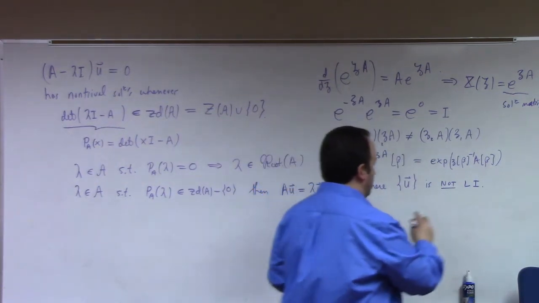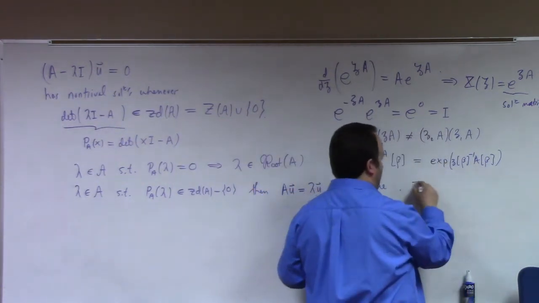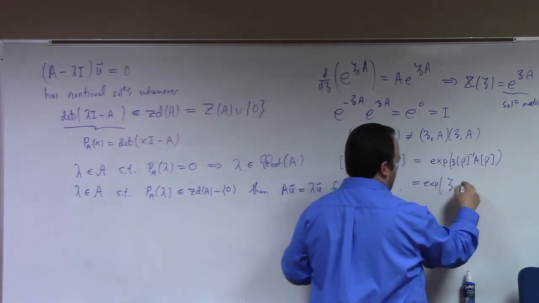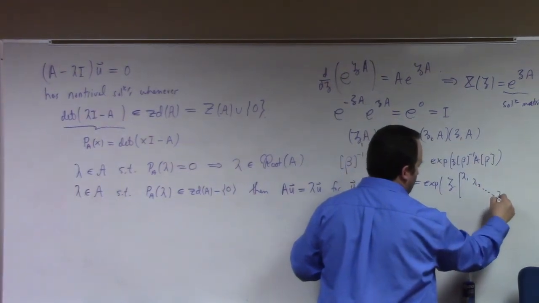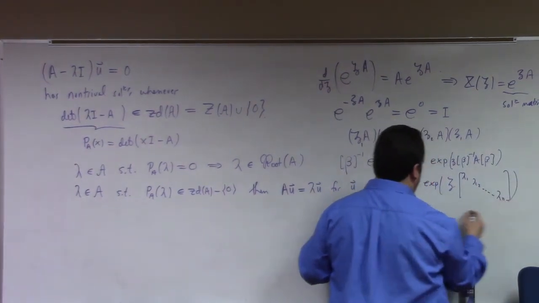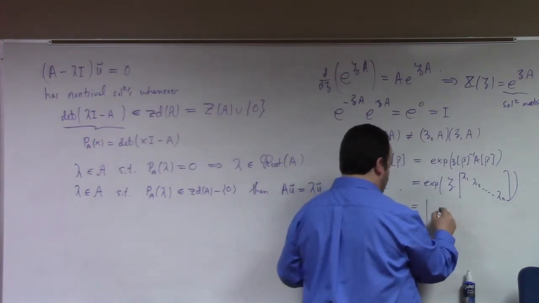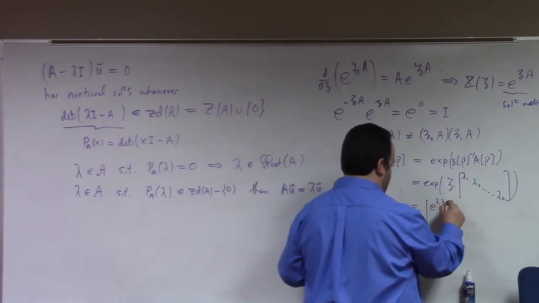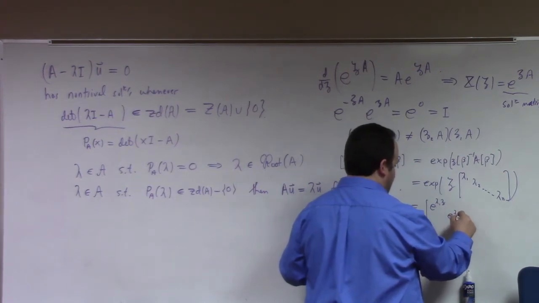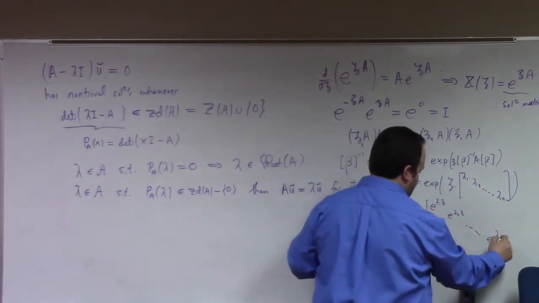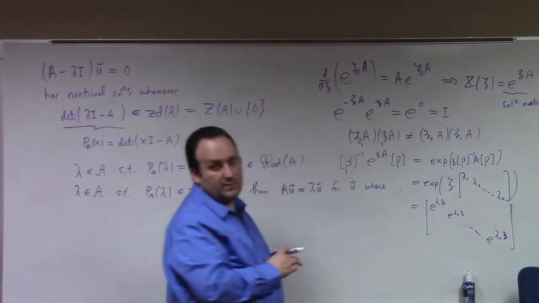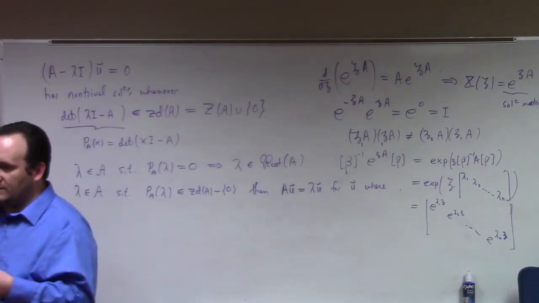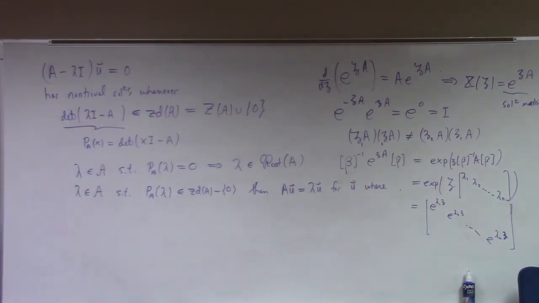And so that would be exponential of zeta, and then this, of course, is the diagonal matrix with the roots down the diagonal. And that would just be e to the lambda 1 zeta, e to the lambda 2 zeta, e to the lambda n zeta, which of course makes sense because in the eigen coordinates, I mean, anyway, that's what the matrix of the thing looks like in the eigen coordinate system.